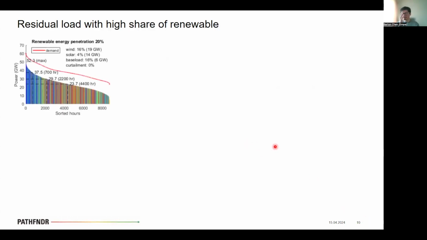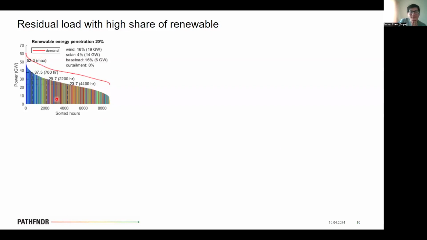If we use this idea and apply some numbers, then we can see how the penetration of renewable energy, for example wind power, can affect the whole energy system and the residual load. So this is an example.